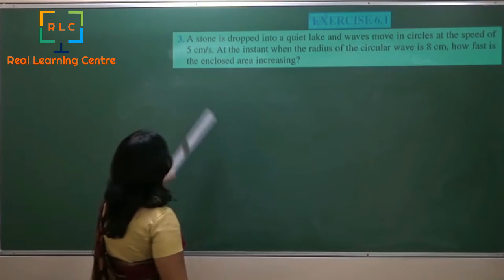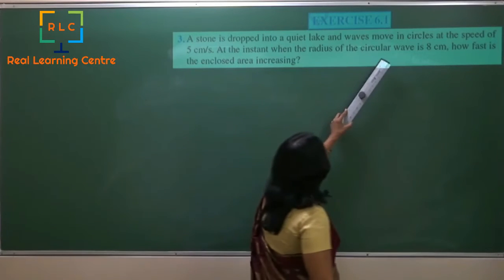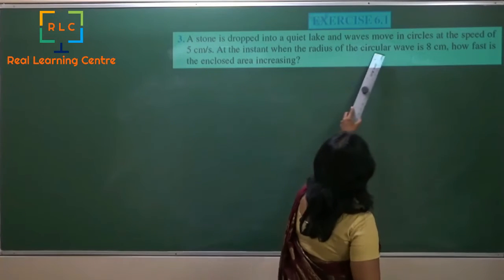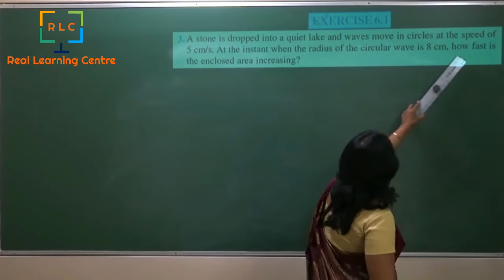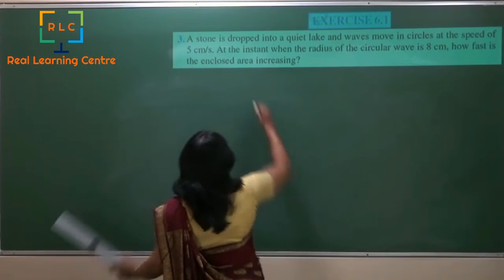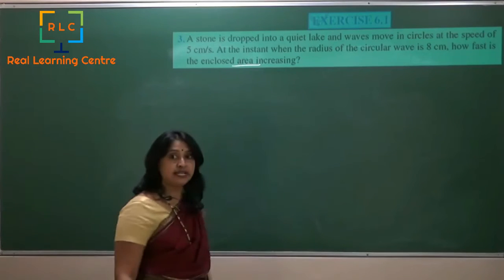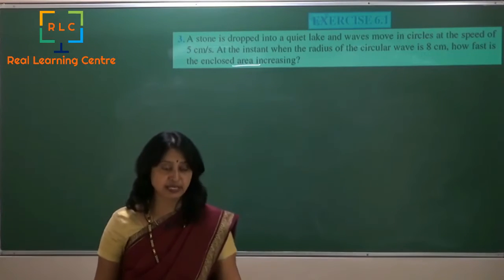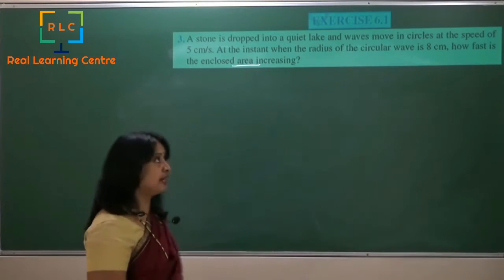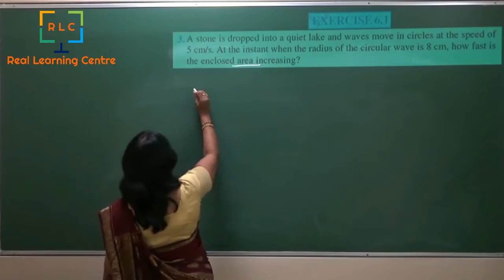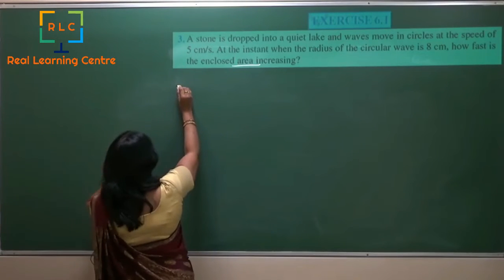What is the question for? When the radius of the circular wave is 8 centimeter, how fast is the enclosed area increasing? So dA by dt I am supposed to find out, which means the previous value they have given is for radius.